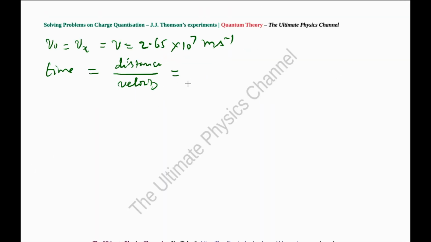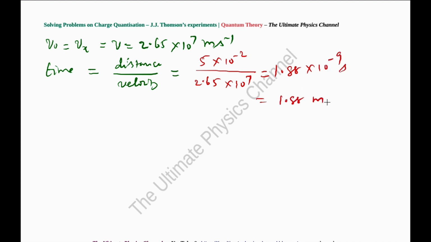So 5 centimeter is 5 times 10 power minus 2 meters over this velocity, 2.65 times 10 power 7. So that is 1.88 times 10 power minus 9 seconds, or roughly 1.88 nanoseconds. Such a short duration of time during which the electron is crossing the region of the electric field between the plates.